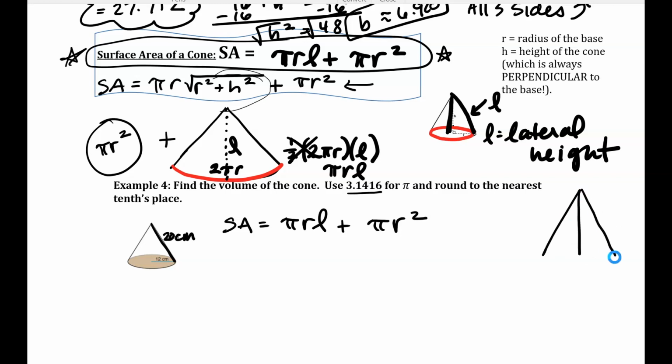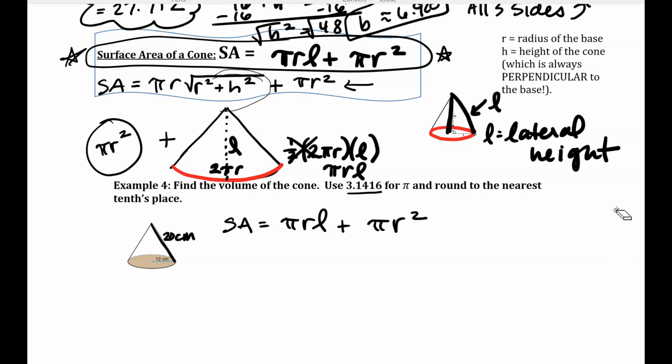That was a bad picture. So let's say you're given this distance of like 10, but you did not know what that is. Okay, let's say you also knew this distance. You would have to use the Pythagorean Theorem to figure out what the lateral height is, or you could use the second formula, but just a heads up on that.